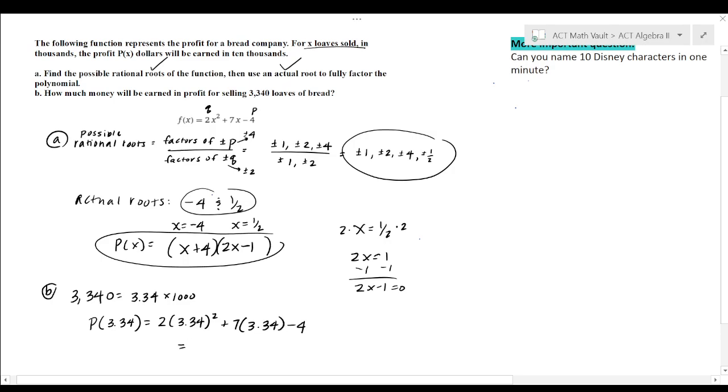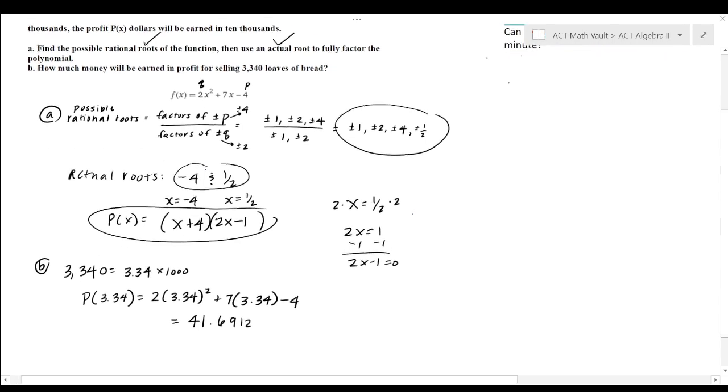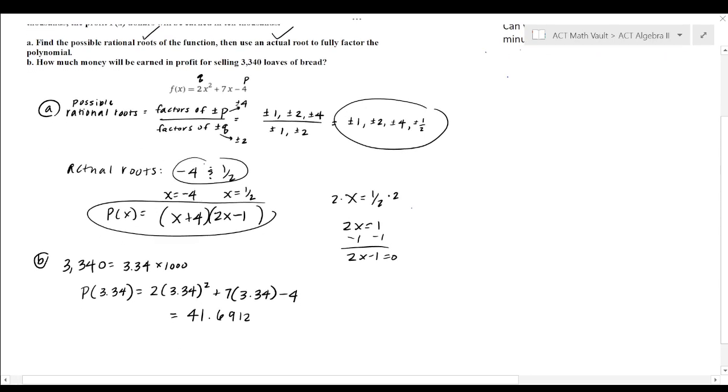That equals, you should get 41.6912. So that is, remember, in 10,000s. So my total amount that I'm making here with the loaves of bread is that number times 10,000, which is 416,912.